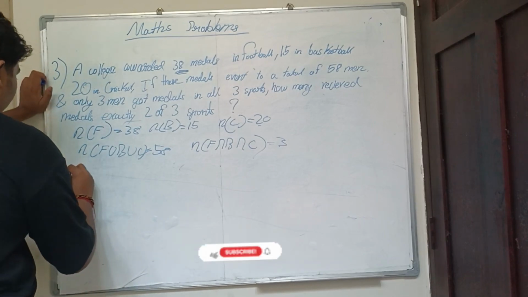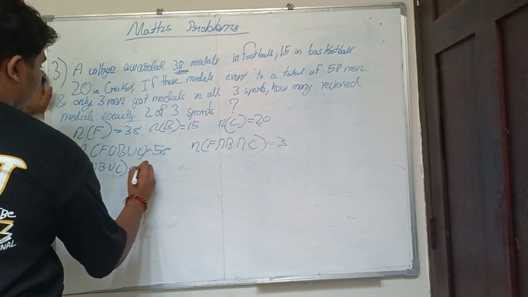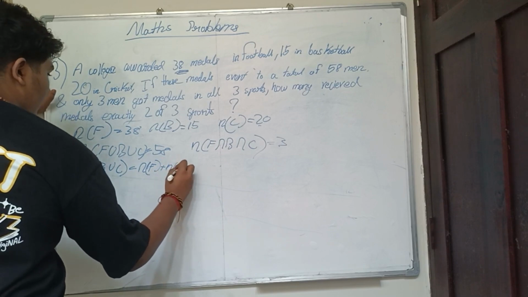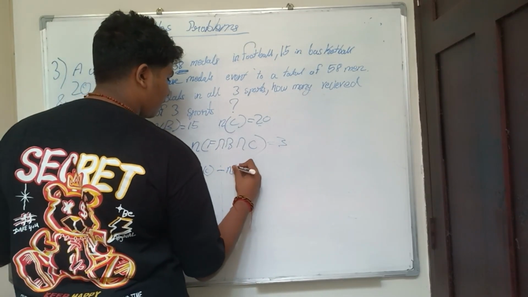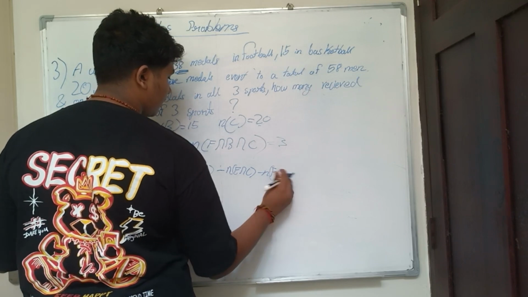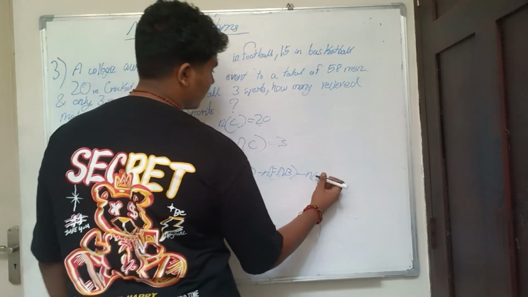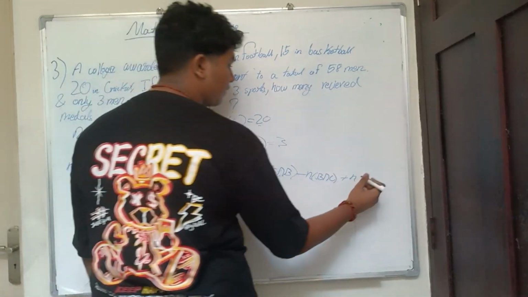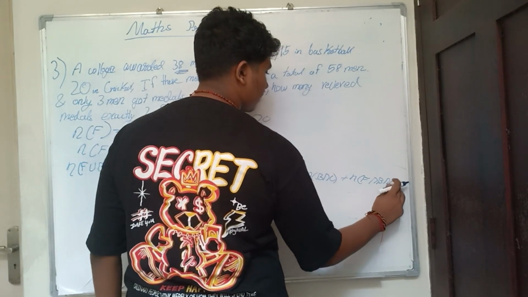So the formula is n of F union B union C is equal to n of F plus n of B plus n of C minus n of F intersect C minus n of F intersect B and minus n of B intersect C plus n of F intersect B intersect C.